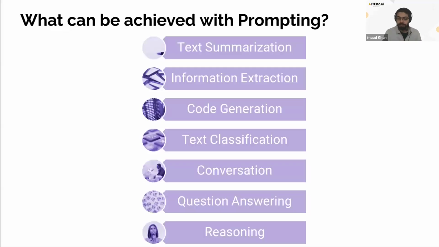So an example of this would be you have to extract the names of all places from a travel related article, right? You have an article and you have been given the task to extract the names of all the places in that. So you can just say, hey, this is my article which talks about visiting Taj Mahal in India.